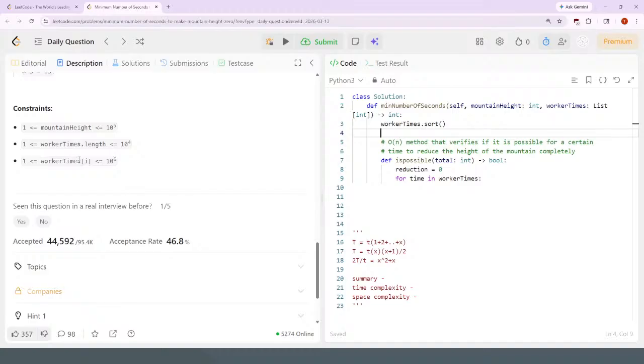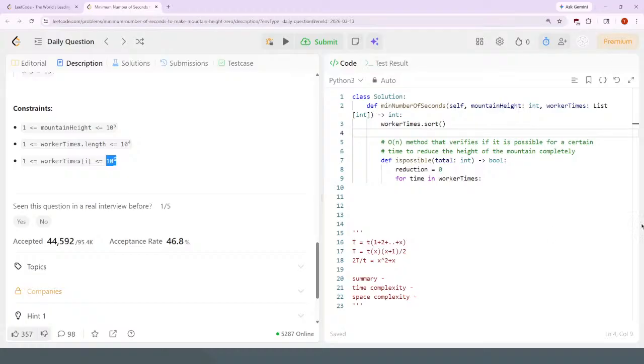The heap would be pretty large, 10 to the 6th.